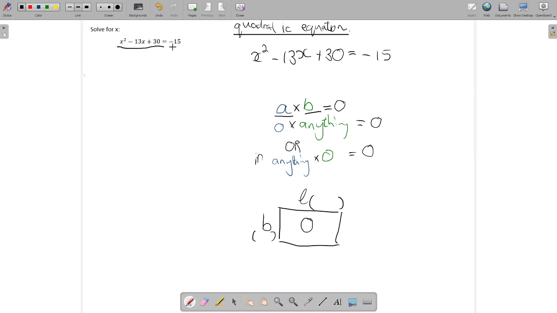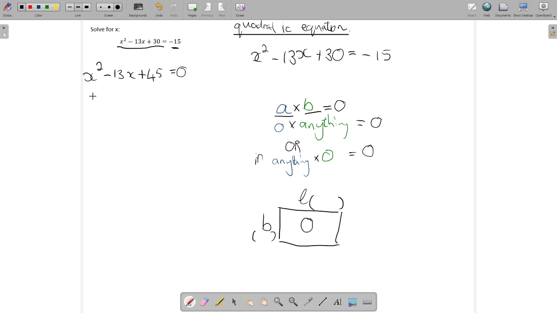How will I make the right hand side equal to 0? Well, that's pretty simple. So x squared minus 13x plus 45 is equal to 0. I've just added 45 to both sides to make the right hand side 0, and this equation still holds true.